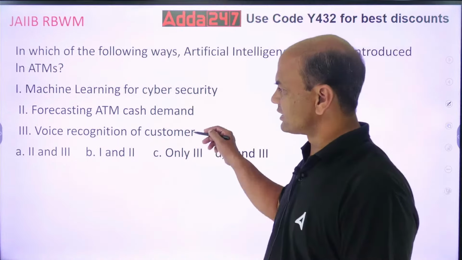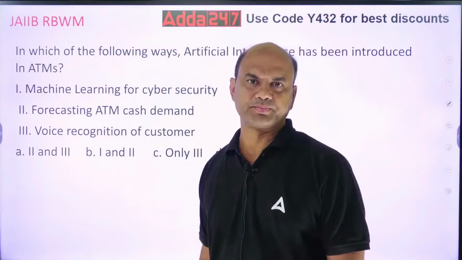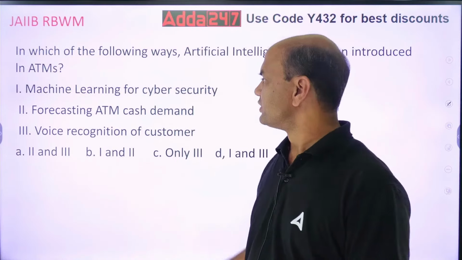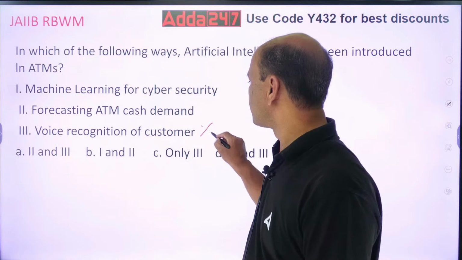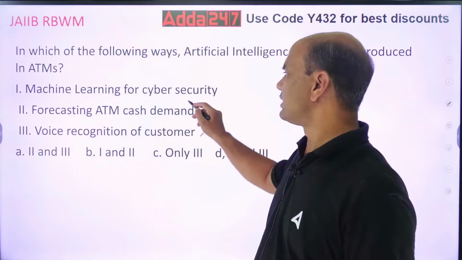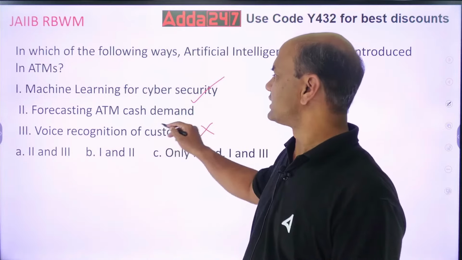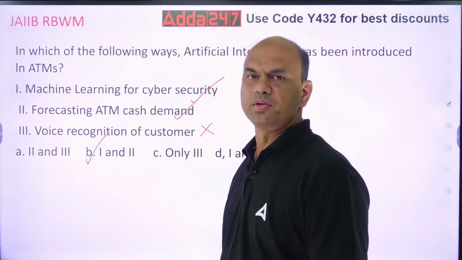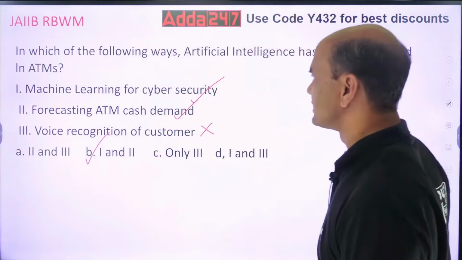See, voice recognition, if you say no, there is a problem in voice recognition. Why? Because there can be dummy voices. So that's why this will always create a problem in the banks. Machine learning, agreed. Forecasting ATM cash demand, agreed. So 1 and 2 will be the answer.